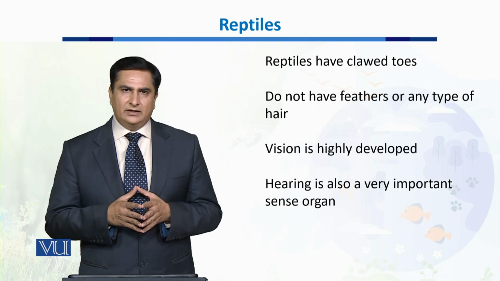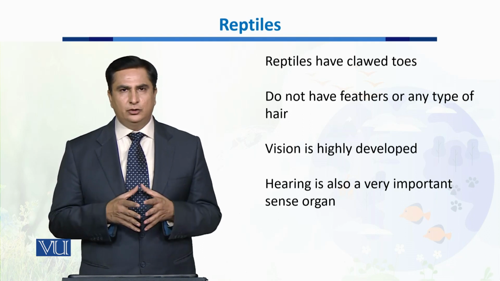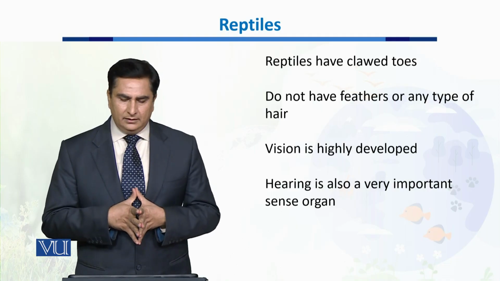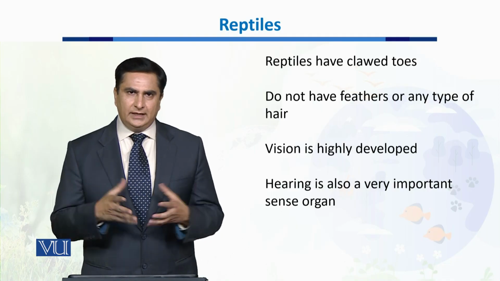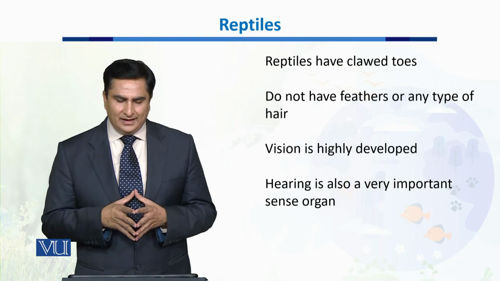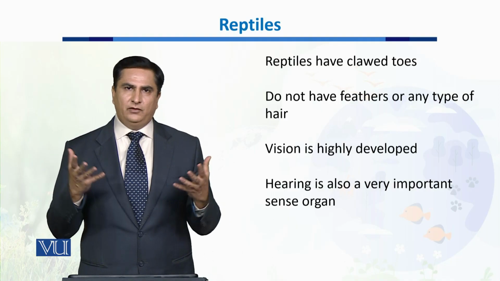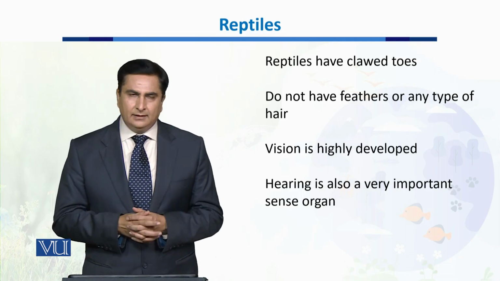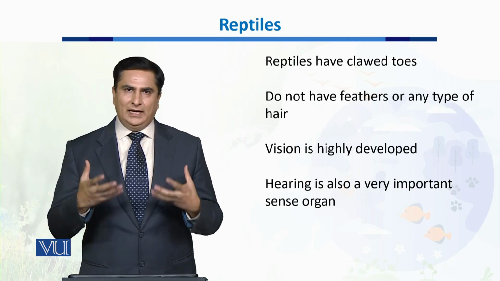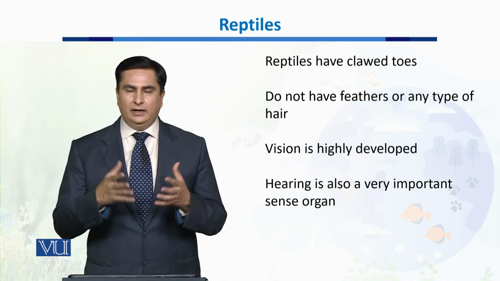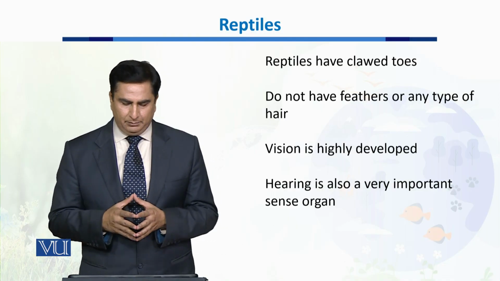Among the other characteristics, they have clawed toes, meaning their four feet have claws, and they don't have any feathers or any type of hair on their skin. They have highly developed vision, so their sight is quite impressive, with the exception of a few examples.